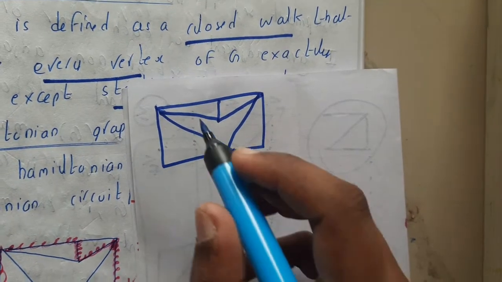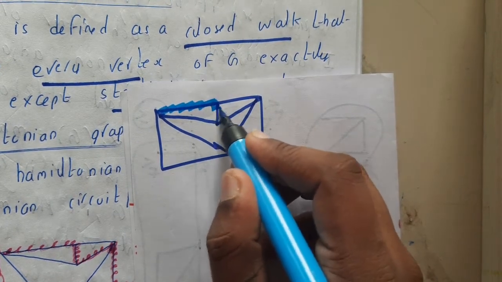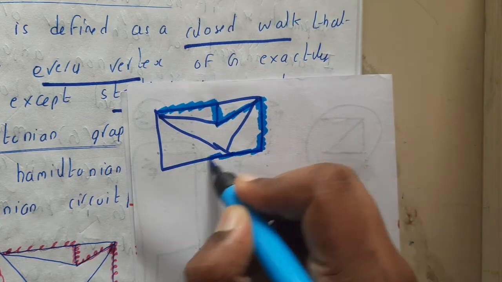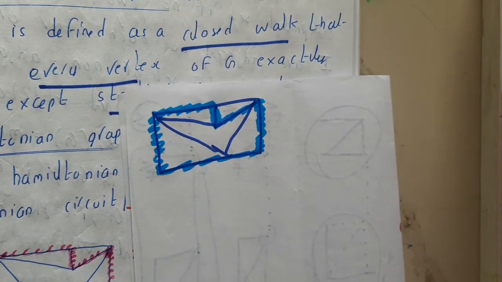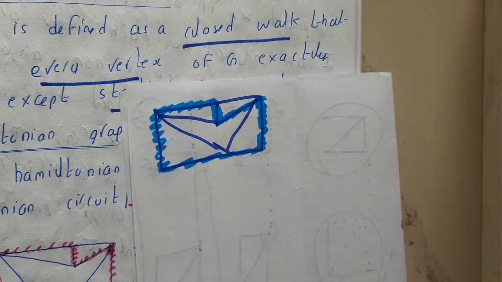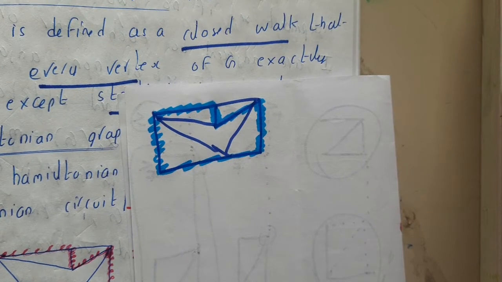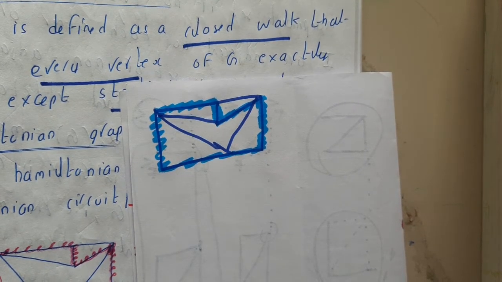Okay, so assume that you started at this place. We need to just travel along the edges, right? Yes. Okay, we ended at the same vertex. We visited each and every vertex, right? Yes, we did not miss any vertex. There is no need to use all edges, guys.